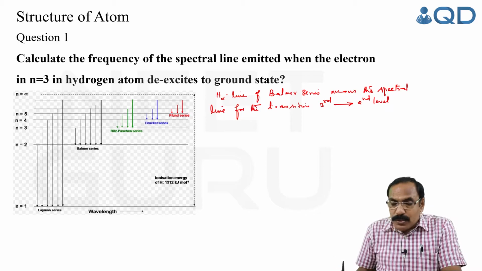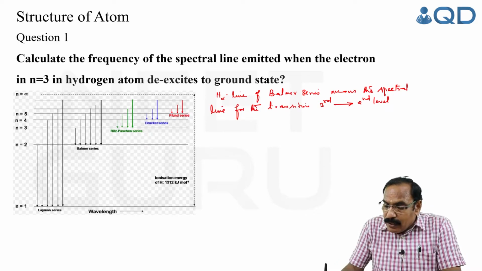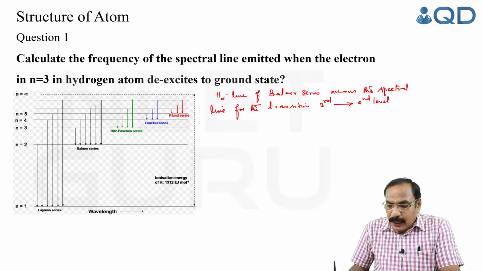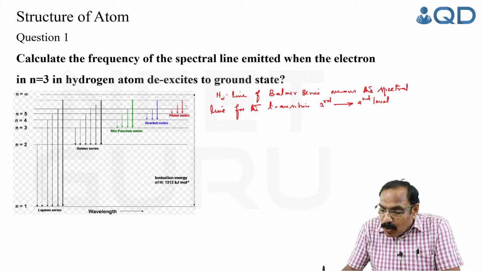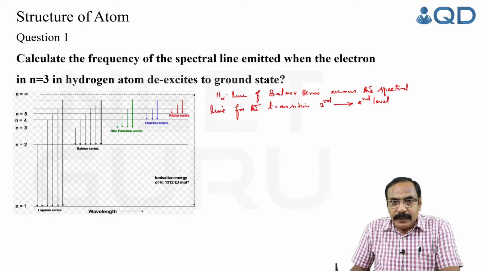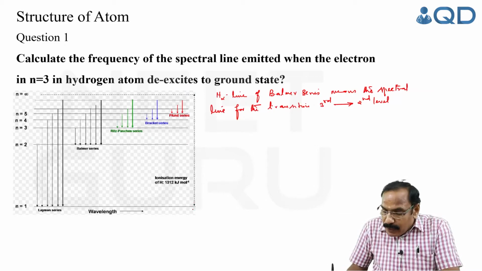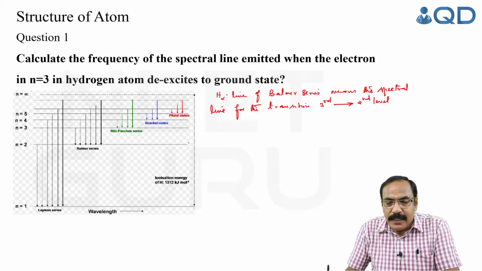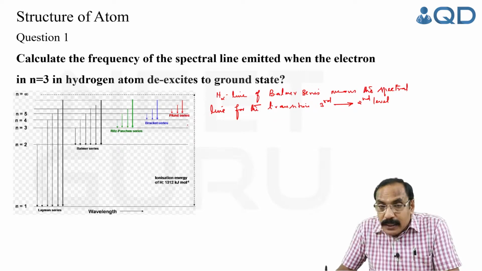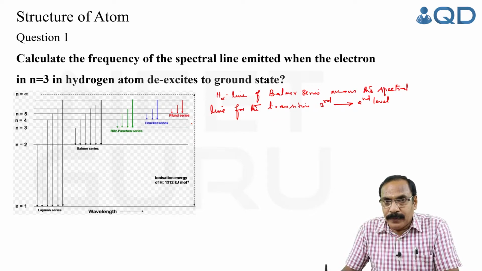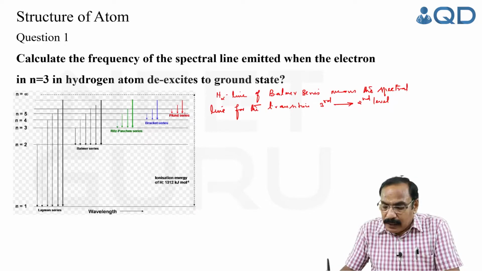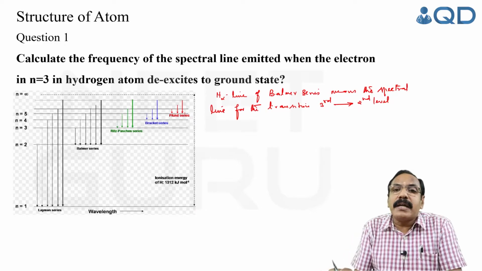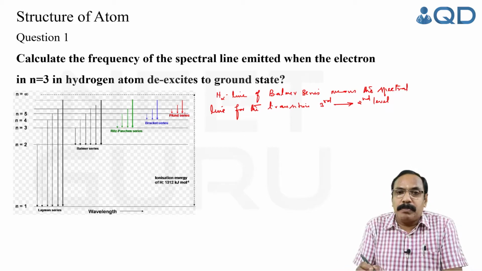Another thing you have to watch is the energy level arrangement. As you go to the higher level, the energy spacing is smaller and smaller. The largest energy difference is between the first level and the second energy level. From second to third, the energy difference is less. From third to fourth, the energy difference is still less. And as you go to higher levels, energy levels are closely spaced.